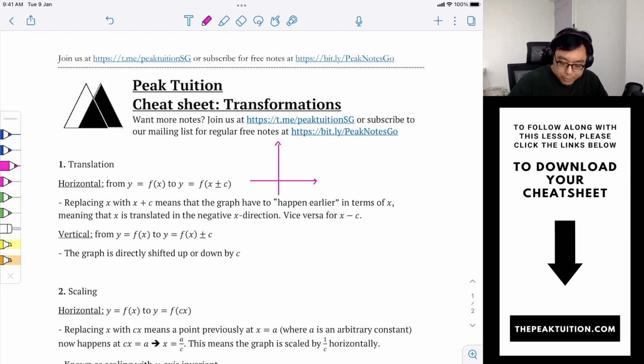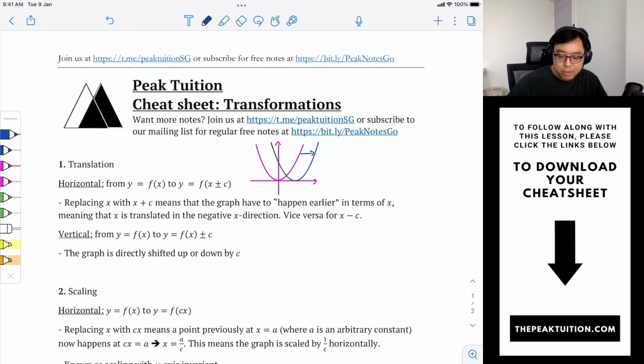So, for example, if we have a simple graph like this, a quadratic graph, we can actually shift it. We can shift it to, let's say, the right. Something like this. This would be a translation in the positive x-axis.